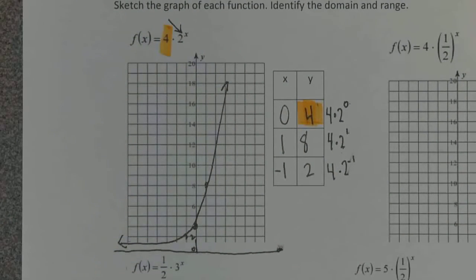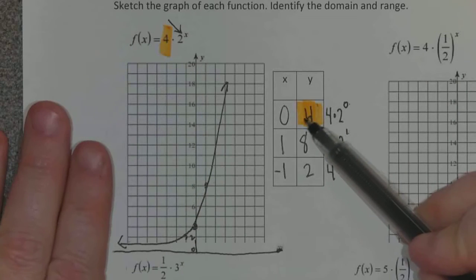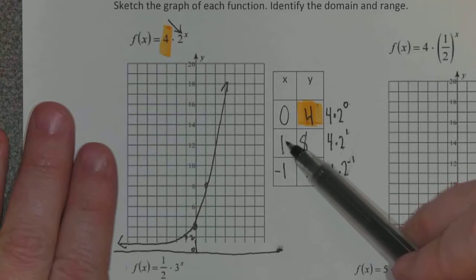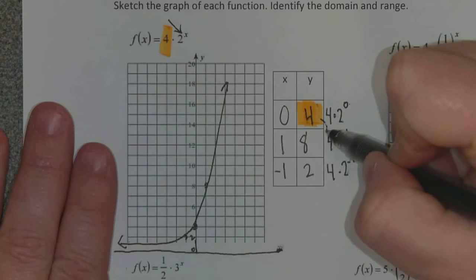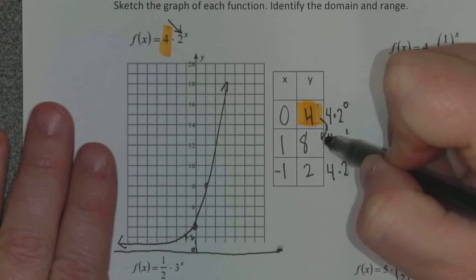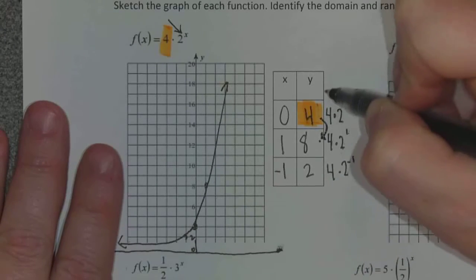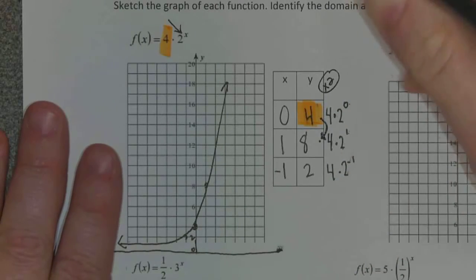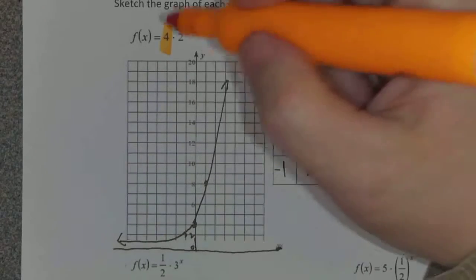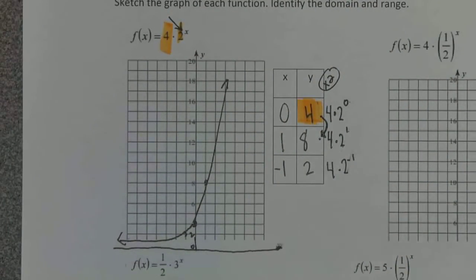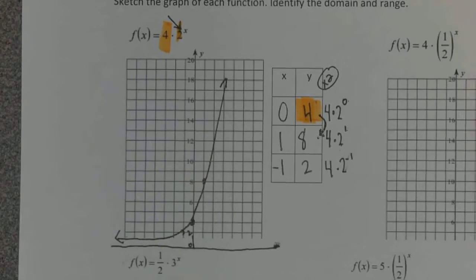And I want you to notice something else too. If I look at two ordered pairs that are next to each other, like 0 and 1, if I look at their y values, I can see what I multiply by from 4 to get to 8. I multiplied by 2. And I just want you to notice that that 2 shows up over here in the equation. So we're going to show you some hints as we go, and that's a good thing to remember.